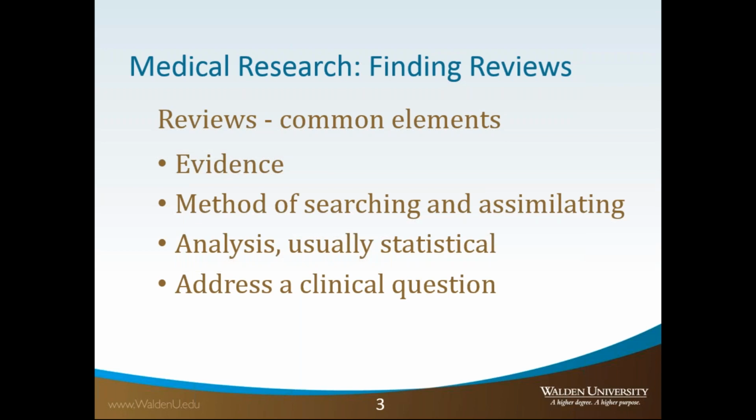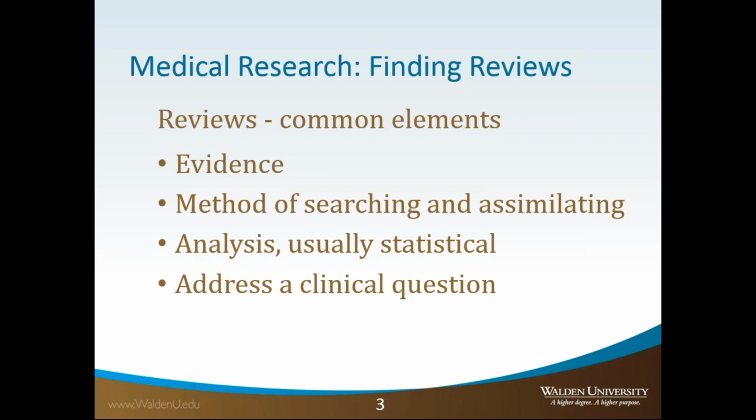It's someone else who has gone and looked for research studies and drawn together all these different research studies and reviewed them in some way. And so we'll see different ways that that happens in these different types of reviews that we're going to show you how to find. Sometimes there's statistical analysis going on, and sometimes there's qualitative analysis going on.